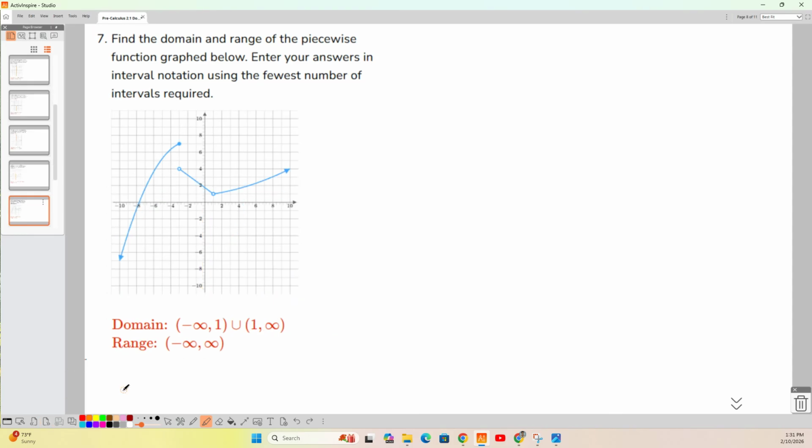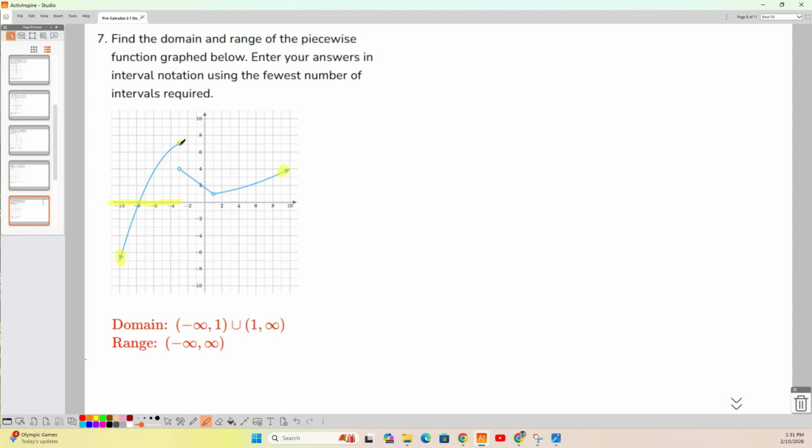Take a look here. All right, for the domain, I see this arrow is pointing to the left, so I know I can go to negative infinity. This arrow is pointing to the right, so I know I can go to positive infinity. So coming from negative infinity, the graph exists, graph exists. Graph still exists because of this closed circle right here at negative 3. Even though there's an open circle at negative 3, there is a closed circle at negative 3.